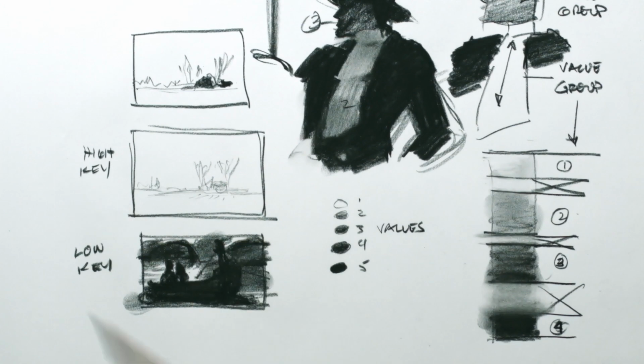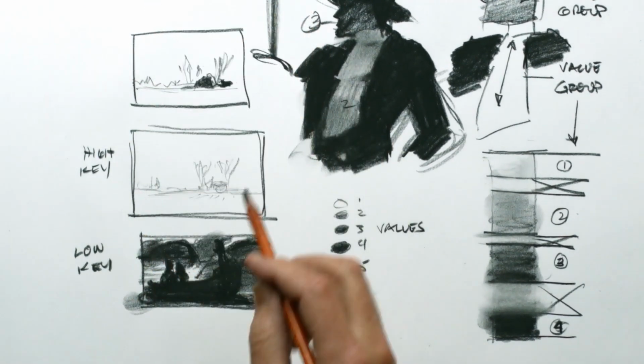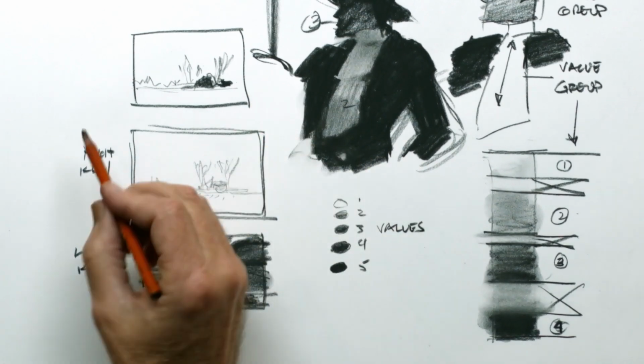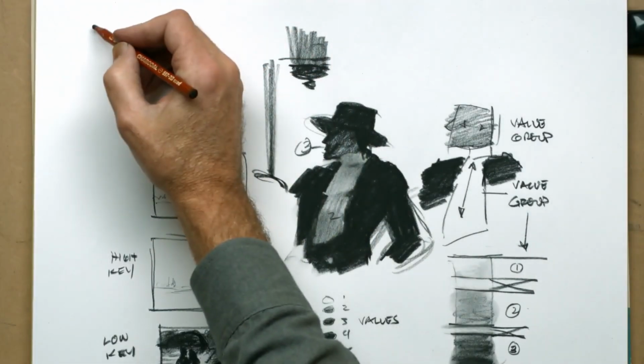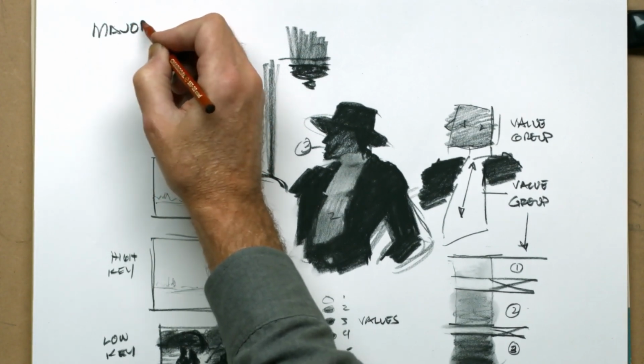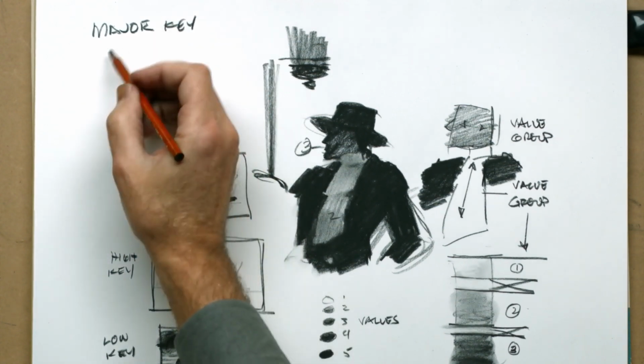Is this still high key? It's still high key, isn't it? Here's the difference. The proportion, the overall proportion, what we see here, your proportion is your major key. Okay, so our major key is your proportion.